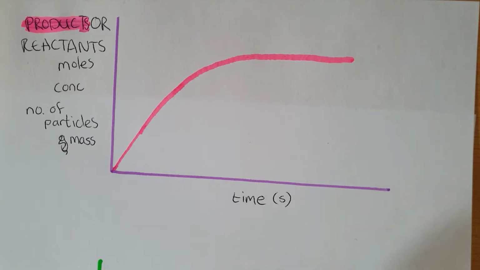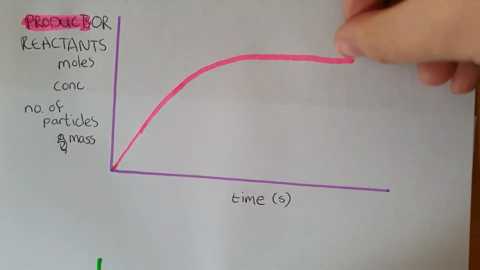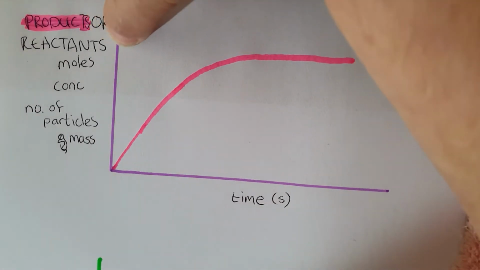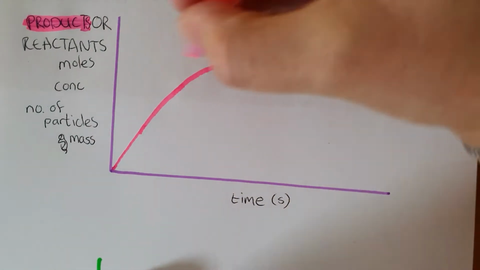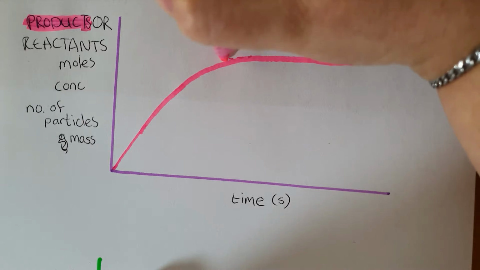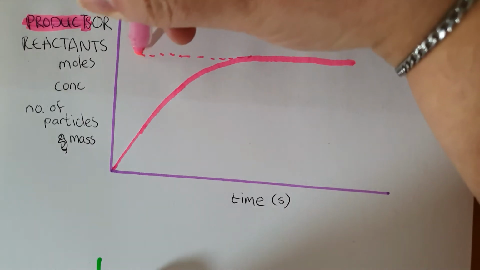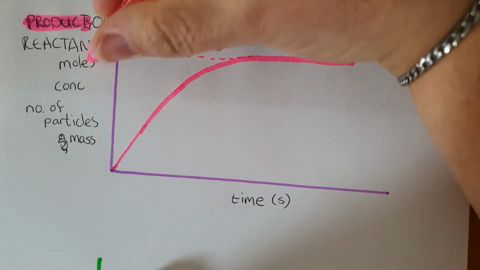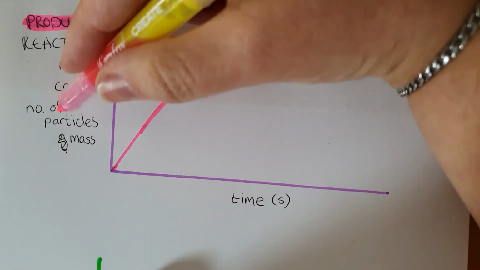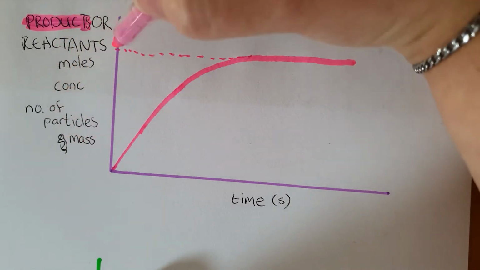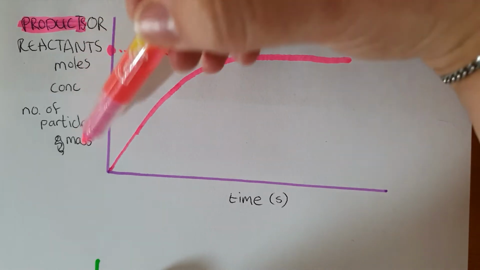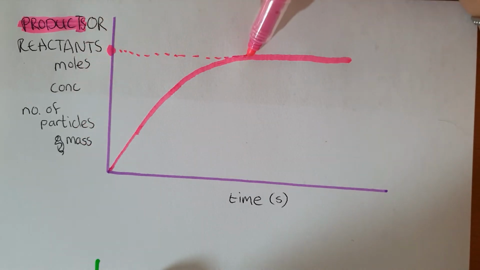Okay, so what that horizontal line means is that if you look back at what the reading is of that horizontal line, let's extrapolate that backwards. So I'm going to just do a dotted line going back. So that means the number of moles or concentration or number of particles or mass. This is going to be the maximum amount of any of those that we're going to produce.